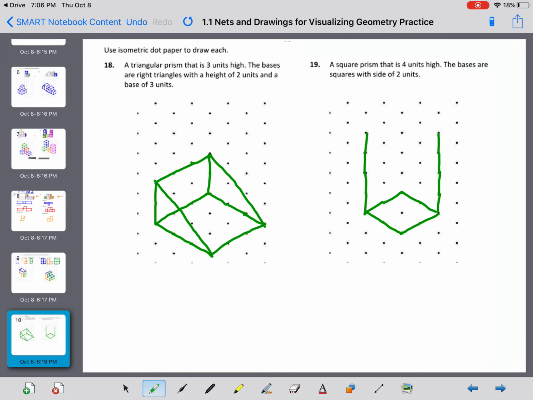And again, the top is also a square of 2. And we could bring our line down the middle and give this a nice 3D figure that it should be.